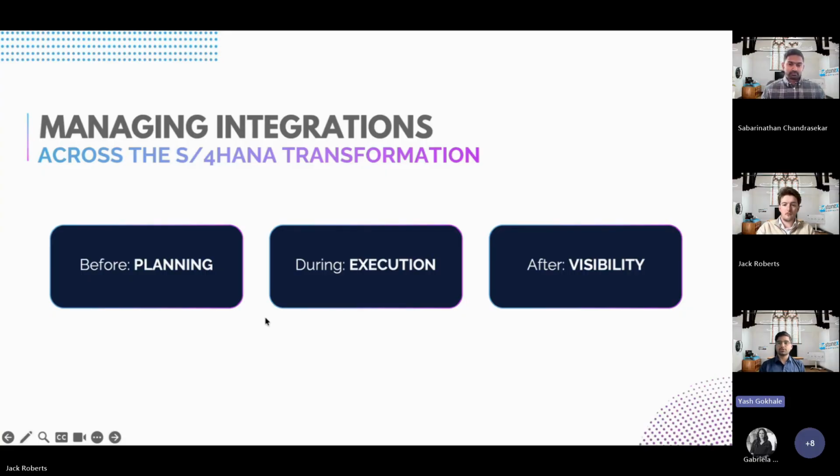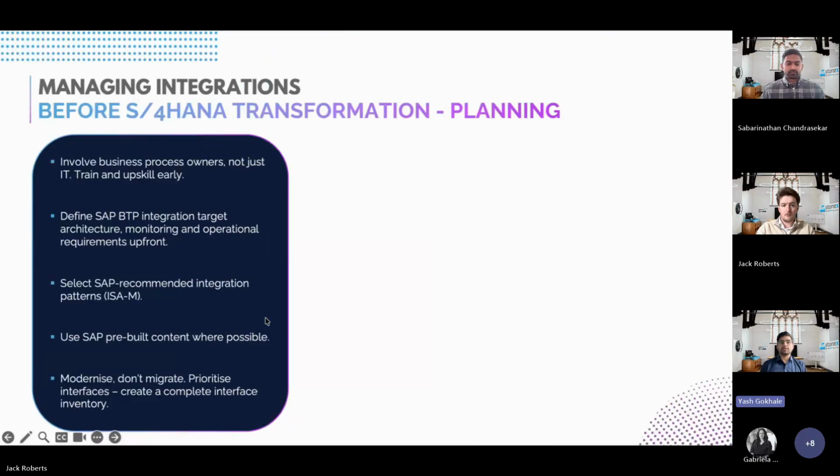Now, this is the one that most people probably consider to be the least important, but it's actually the most important. So before your transformation, what should you consider? Well, involving stakeholders and business users from early on is key, because they're the ones who are going to be dealing with the day-to-day problems.